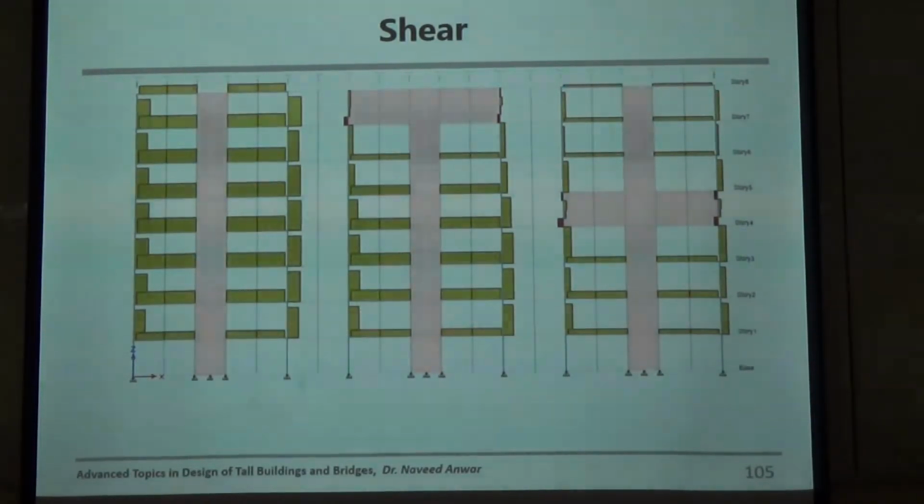So tall buildings are primarily designed with shear walls, frames, outriggers. A real tall building will almost always have some outriggers, some shear walls, some frames working together, right? And it is the combination of these that you can play with to optimize the building performance.